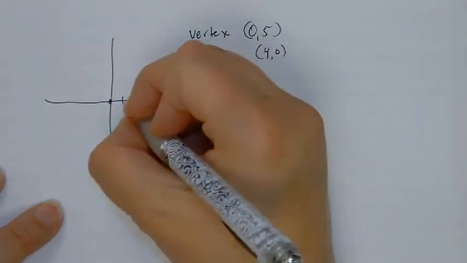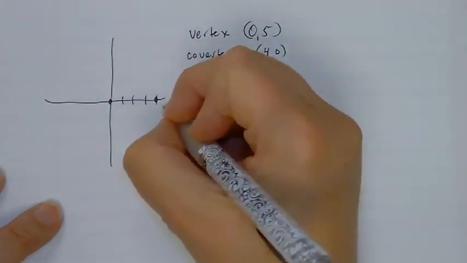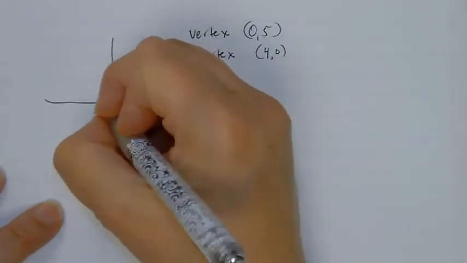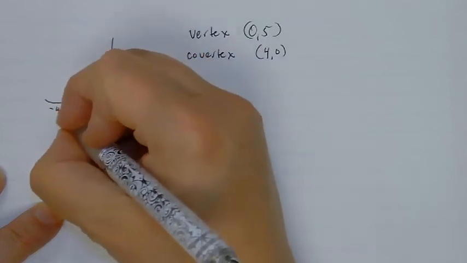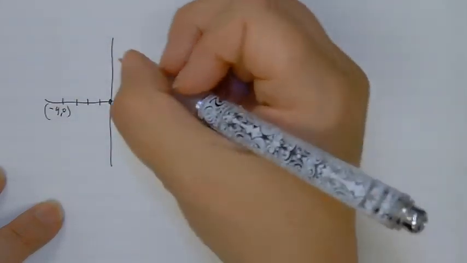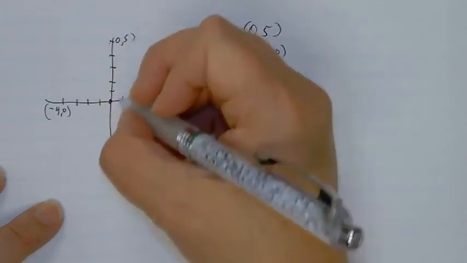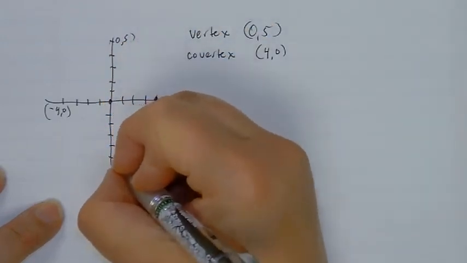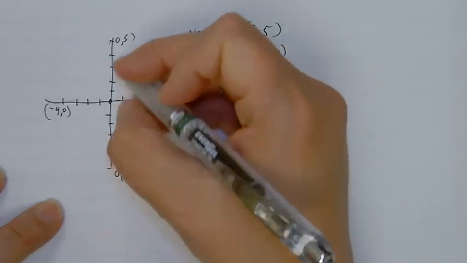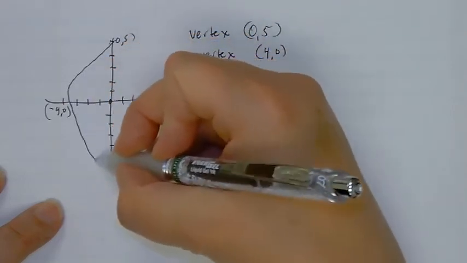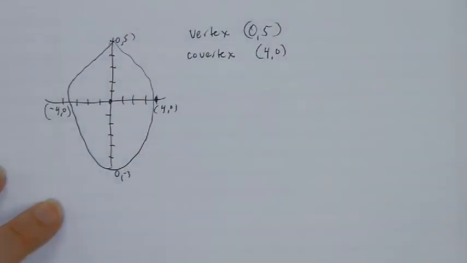So the co-vertex is at 4, 0, so there must be another one over here at negative 4, 0. And the vertex is at 0, 5, so there must be another one down here at 0, negative 5. So since this is longer, it's going to be something like that.